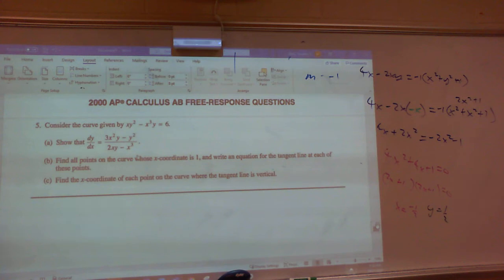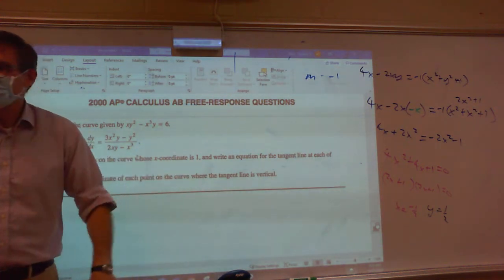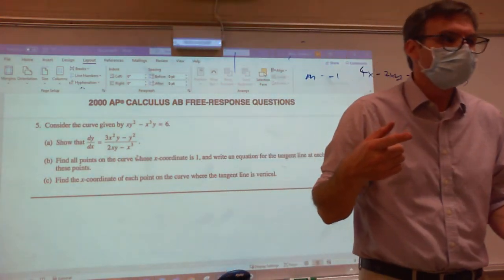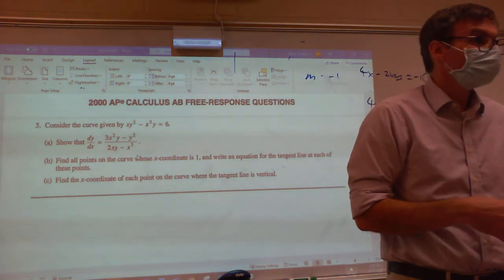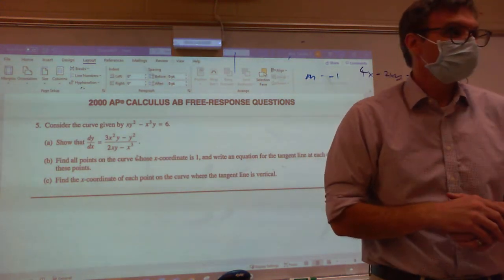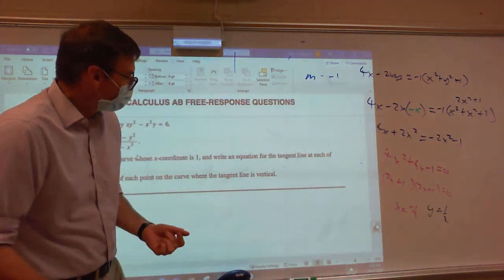Now, I do want to talk about this. It says find the x-coordinate of each point on the curve where the tangent line is vertical. So the previous question, they talked about the tangent line being horizontal. A tangent line being horizontal means your slope is 0. If your tangent line is vertical, what does that mean about your slope? Undefined. So what has to happen? The bottom is 0.